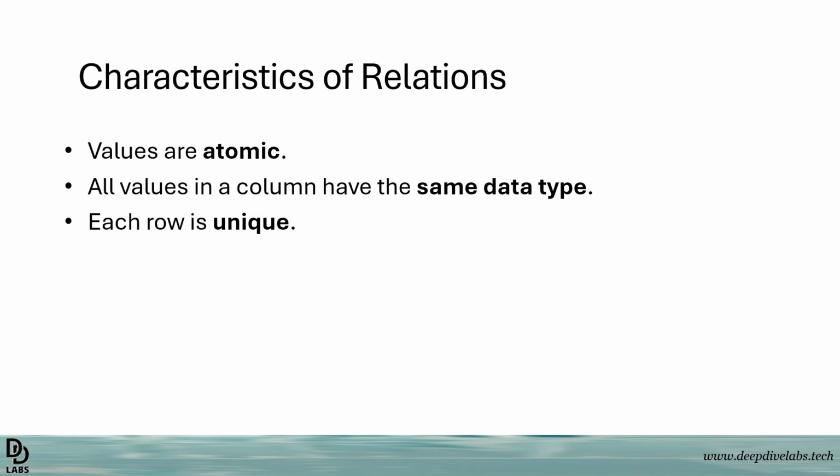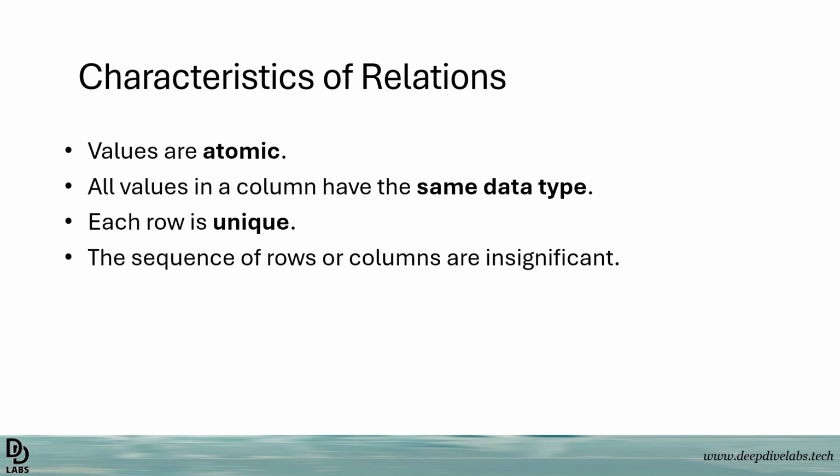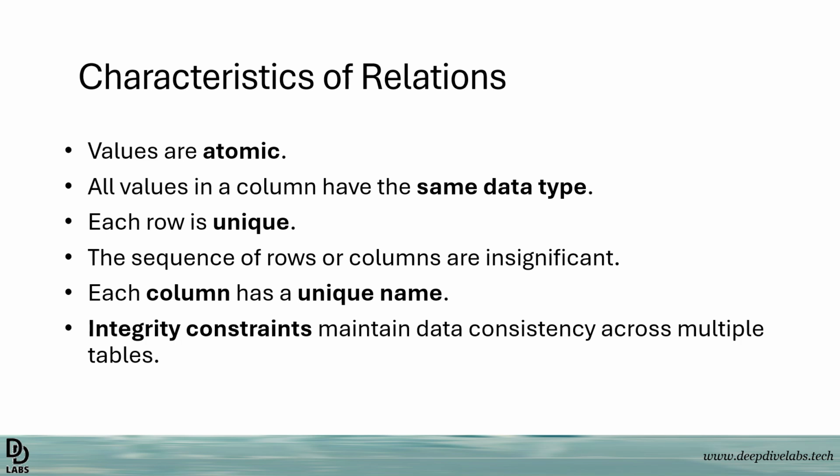Each row is unique in a data table. The sequence of rows or columns is insignificant to the storage of the data itself. Each column has a unique name so that you can address it. And there are integrity constraints that maintain data consistency across multiple tables. So we'll take a deeper look at all of these as we progress along.